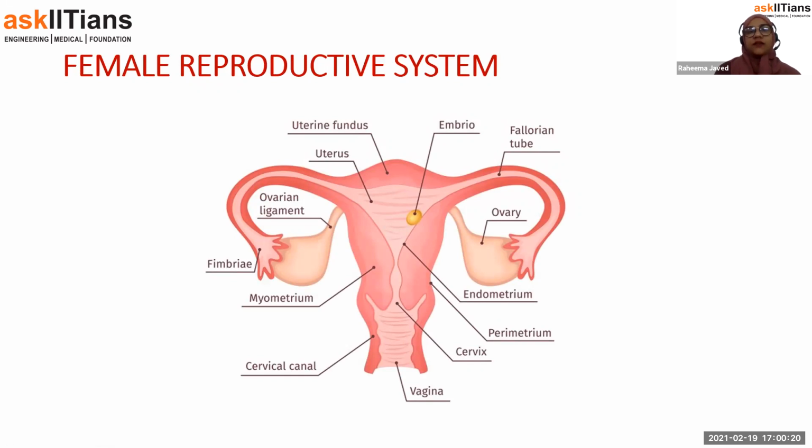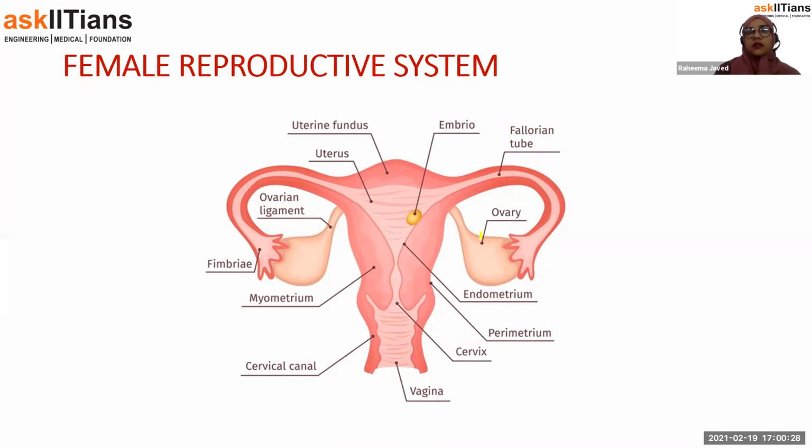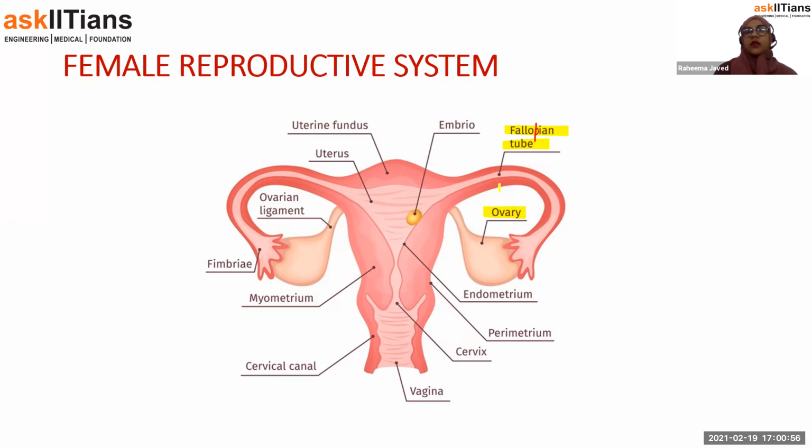The female reproductive system includes the following important parts. There is the ovary. There are two ovaries, one on the right hand side and one on the left hand side. So there is a pair of ovaries, and a pair of ovaries have a pair of fallopian tubes also.